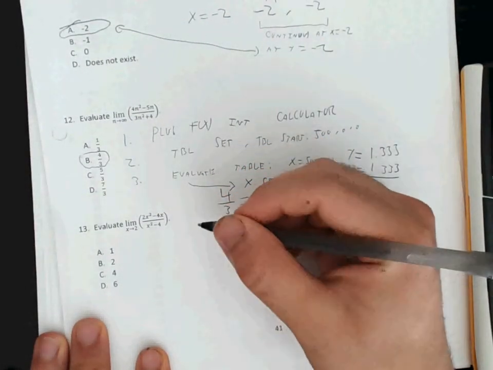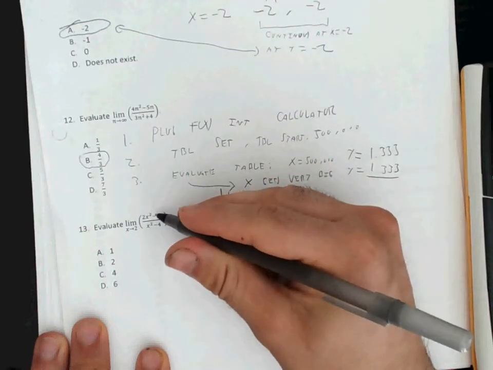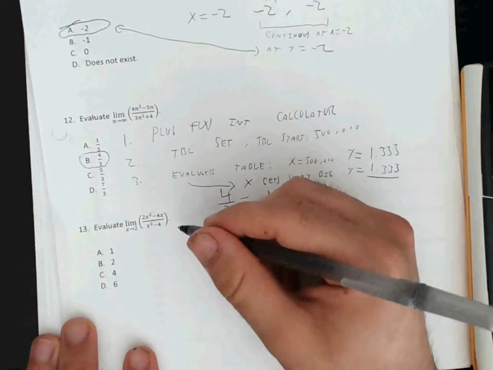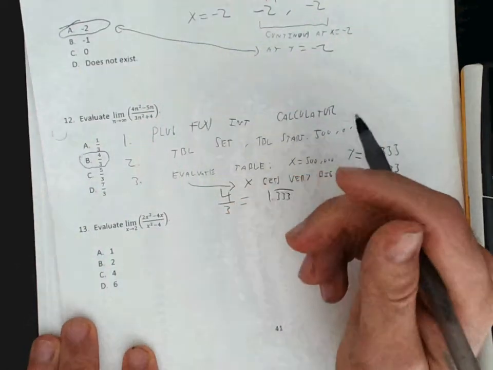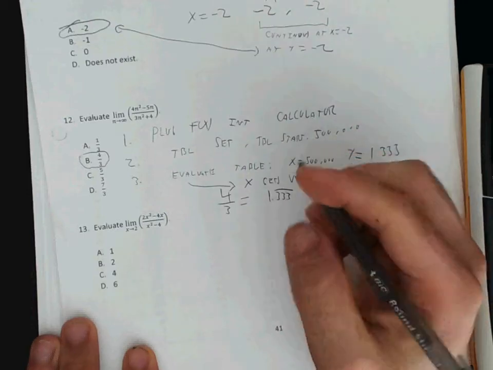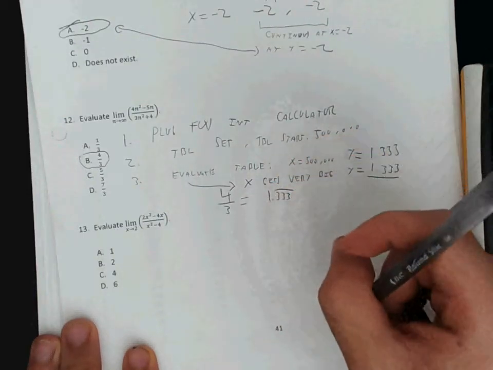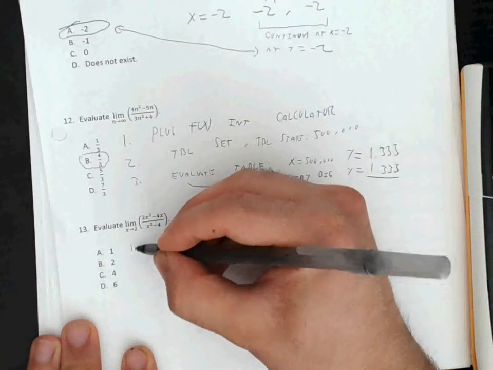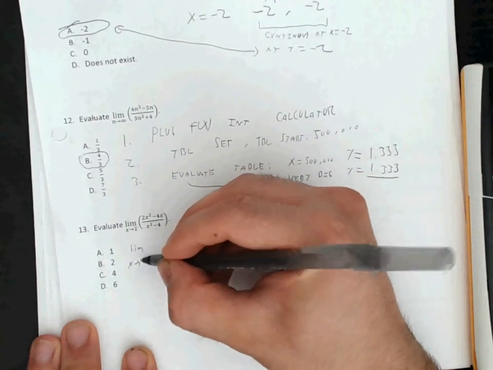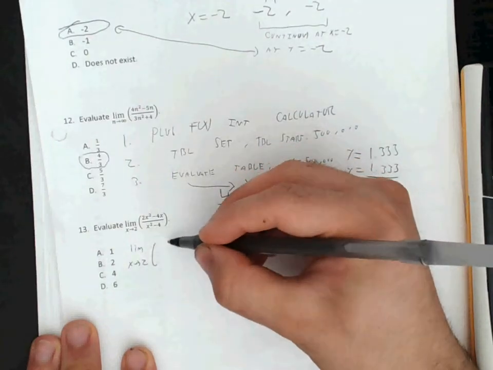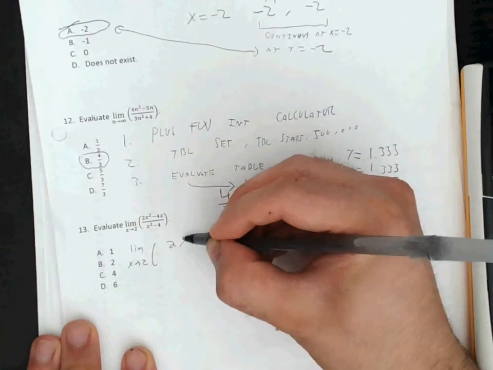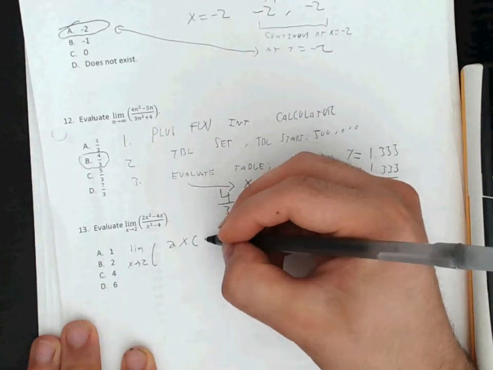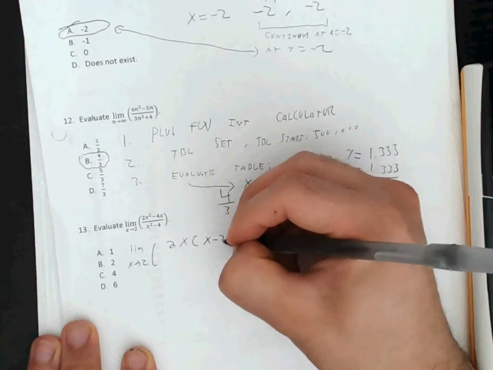Evaluate the limit as x approaches 2 of 2x squared minus 4x over x squared minus 4. Let's do this last one the good old-fashioned way without the calculator. So, our first step is let's factor everything out first. So we can have the limit as x approaches 2 of 2x, because you can factor out 2x, times x minus 2.